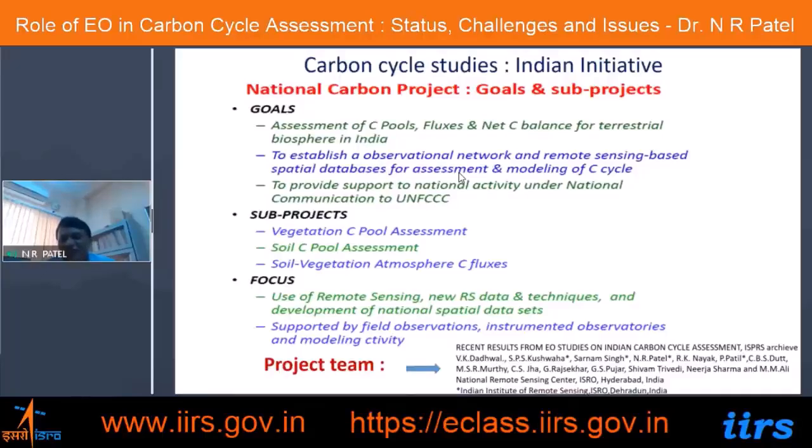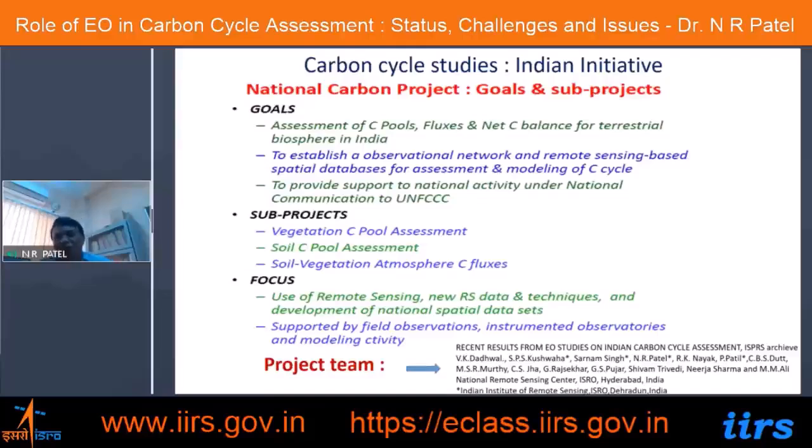The whole project was categorized into three sub-projects: vegetation carbon pool assessment, soil carbon pool assessment, and soil-vegetation-atmosphere carbon flux. And this project has a major focus on the use of new remote sensing data, new observations and algorithms, and development of a national database.